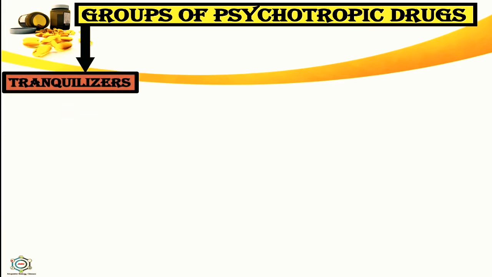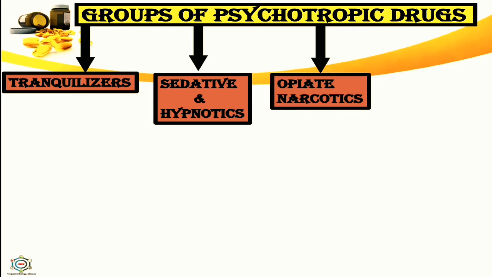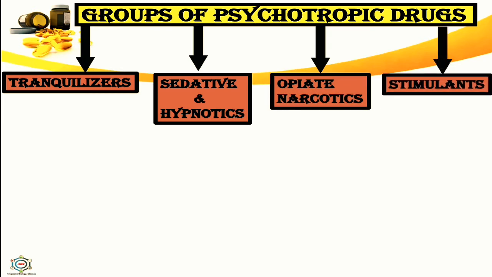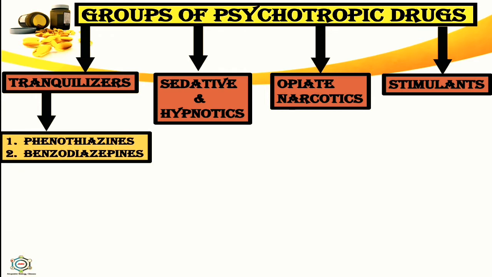Now, these psychotropic drugs are classified into four major categories or groups, in which the first one is tranquilizers, second is sedatives and hypnotics, third is opiate narcotics, and the fourth is stimulants. Now, examples of tranquilizers are phenothiazines and benzodiazepines.